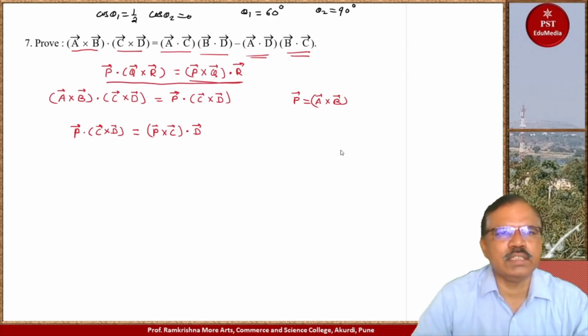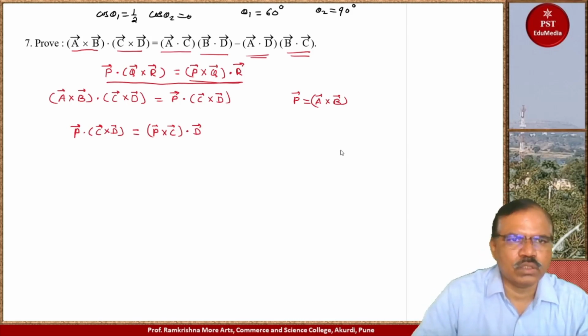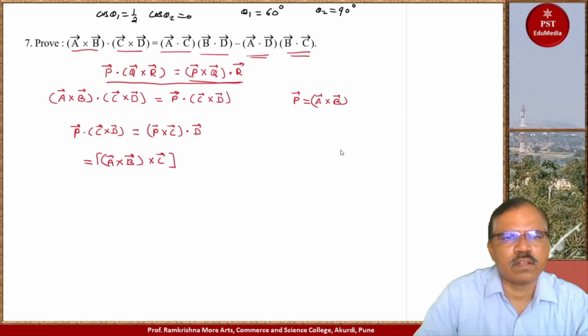So P dot C cross D is equal to P cross C dot D. So this is equal to now, P is what? A cross B. And I can write this as cross C dot D. I have taken P here.